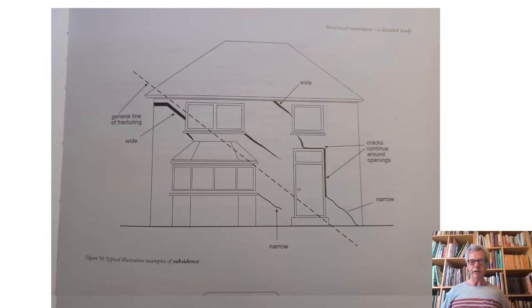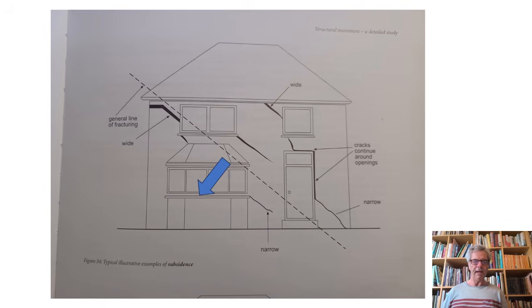And those are the four conditions that you want to see if you have got cracking. If you haven't got all of them, generally something else is happening. And this is what I call, or I think Malcolm Holland called it, a hand of God. So if you draw a line at right angles to that general line of cracking, it's pointing downwards.